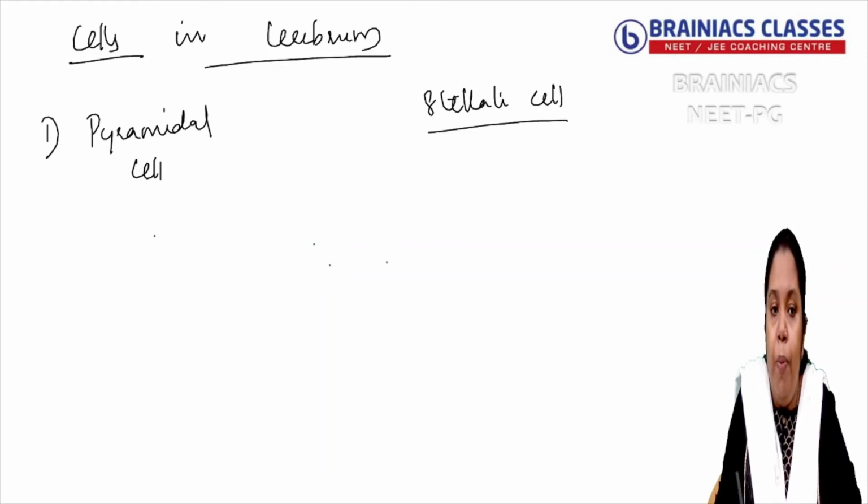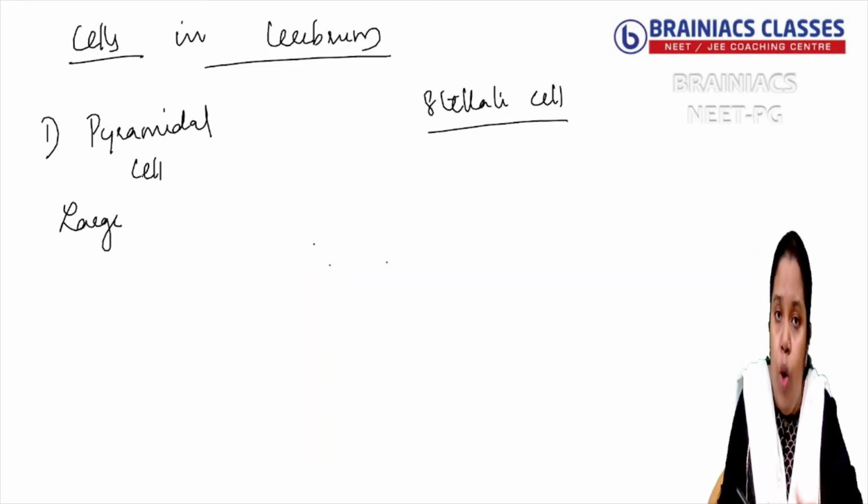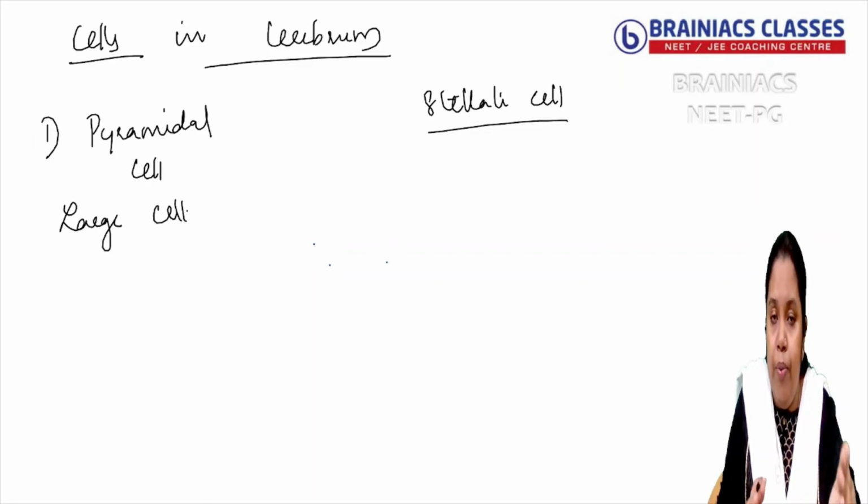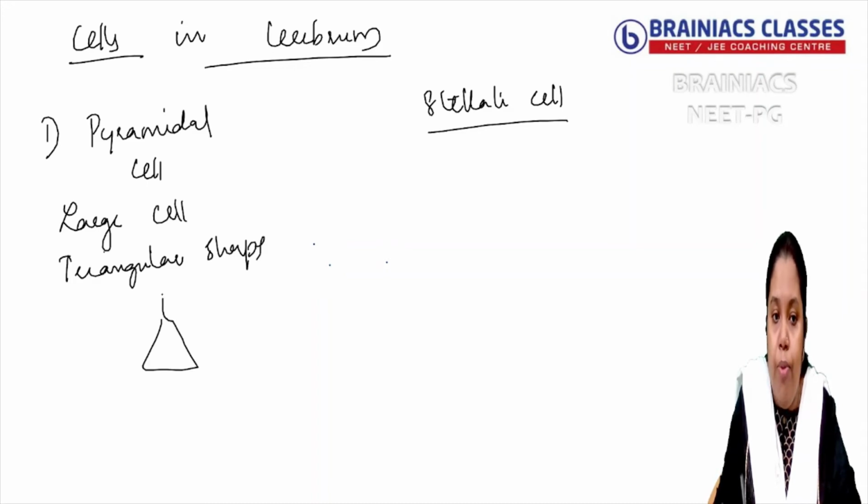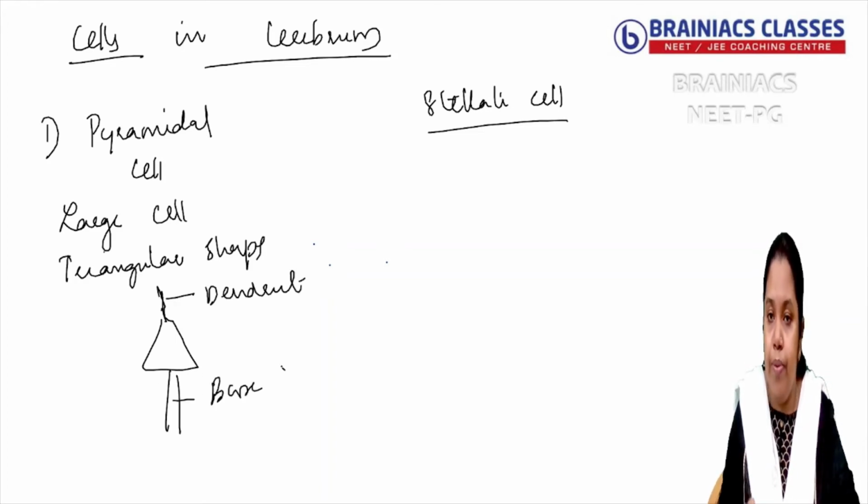The pyramidal cells are large cells that extend up to the whole thickness of the cerebrum. They are triangular in shape, such that the dendrite arises from the apex, and the axon is formed from the base. Understand? This is a pyramidal cell.